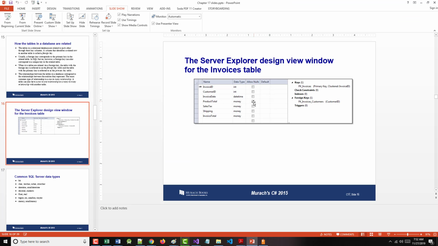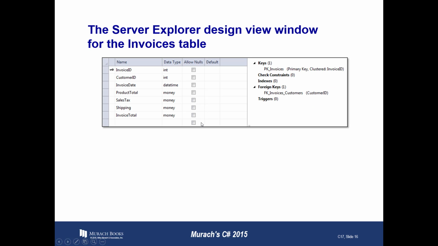And it talks here about the Server Explorer design window for the invoices table. Later, I'm going to build a very simple database for you so you can see this stuff in action. But what you have here are the names of all of your fields that are in the table.